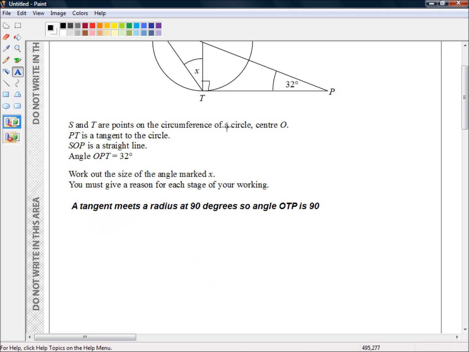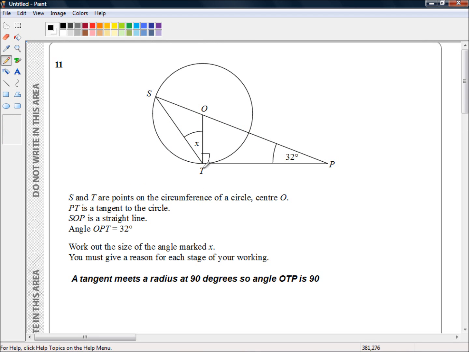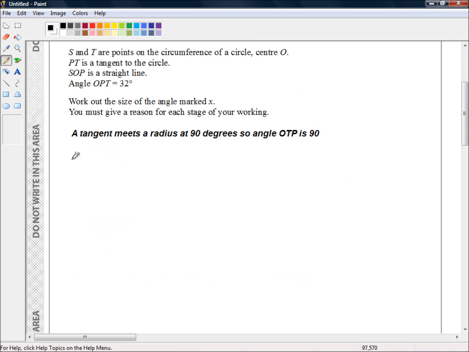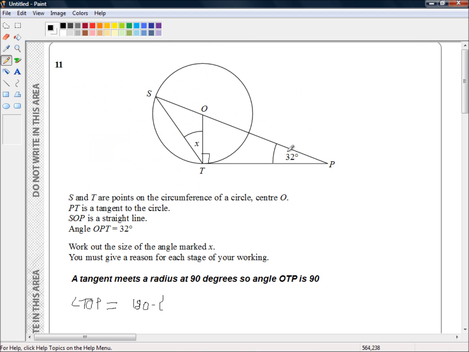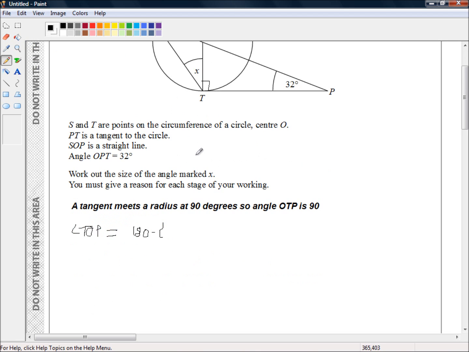And actually I should really show the calculations, shouldn't I? So angle TOP is equal to 180 degrees, because all internal angles of a triangle add up to 180 degrees, minus open brackets, 32 plus 90, close brackets.